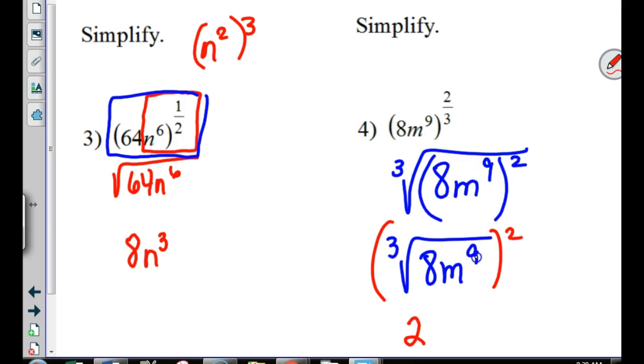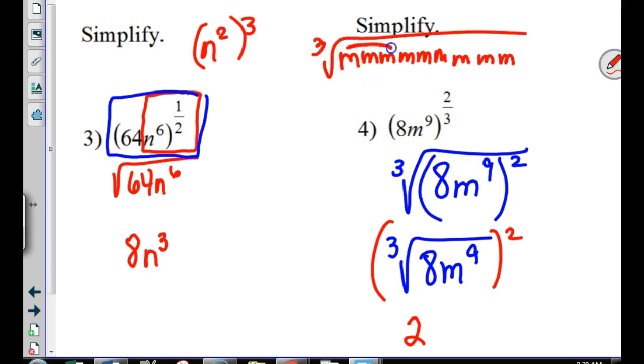And what are we doing here? The third root of m to the 9th. So if I wrote 9 m's, okay, and I wanted to take the cubed root, these 3, and these 3, what would I get? All right, let me explain differently.